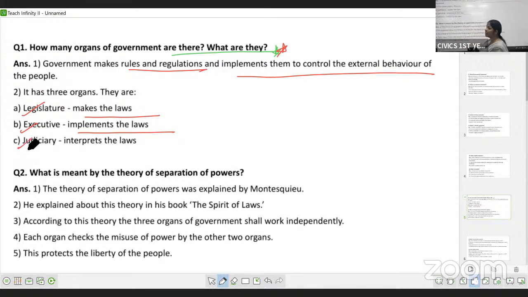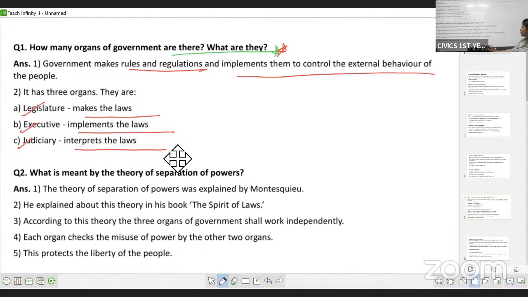The judiciary will check whether the legislature has made an unnecessary law or the executive has taken an unnecessary decision. So, it is checking. The judiciary is interpreting the laws. It will check whether it is according to the constitution or not.